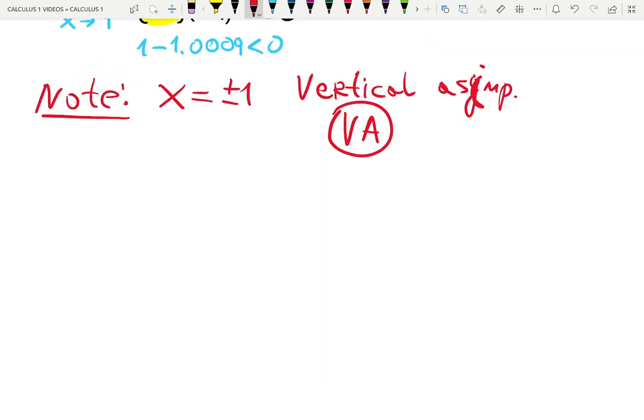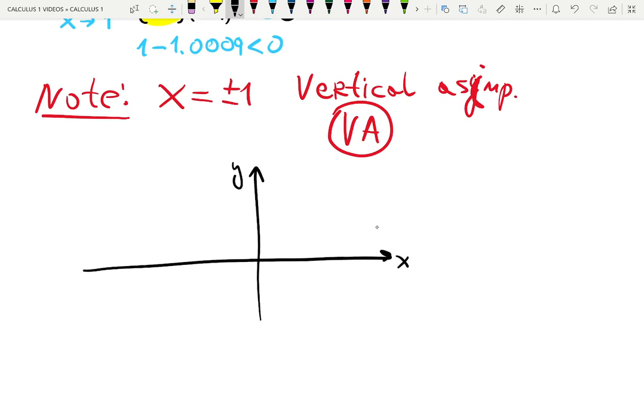And the graph will look like so. Here is the y-axis and x-axis. And I have a function which I don't have to know how it looks, but I know that I have 2 VAs. One is x equals -1, and one is x equals +1.